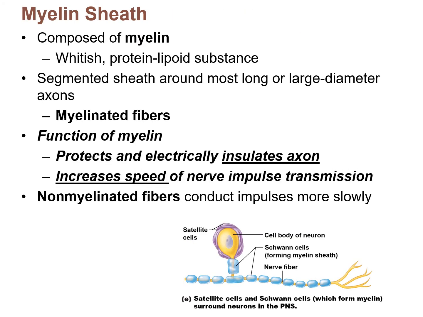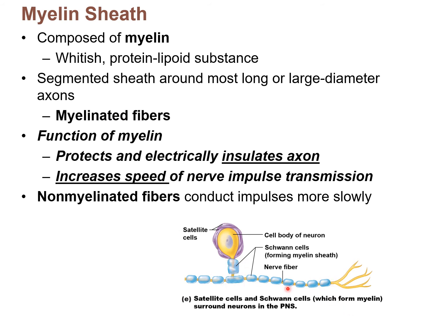A little more about the myelin. The myelin sheath is the Schwann cell, right? Myelin sheaths are Schwann cells circling around the axon. So we're looking right here at a myelinated fiber. Remember, a fiber is another way to say an axon here.